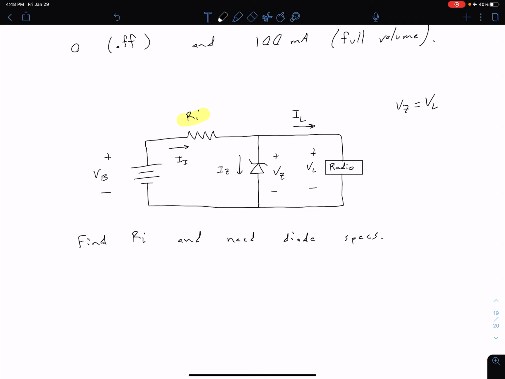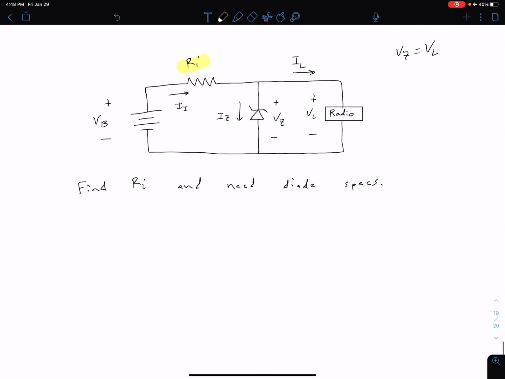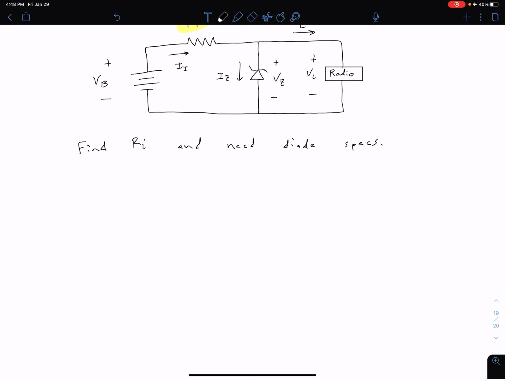Okay, so let's start with that equation we had from our previous video, that big long mess. We're going to keep that assumption, of course, that our IZ min is a tenth of IZ max, so we can use that equation. We had our IL max, which in this case is 100 milliamps. If I use milliamps here, then my answer will just be in milliamps.